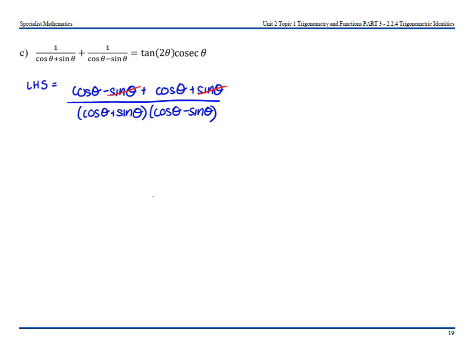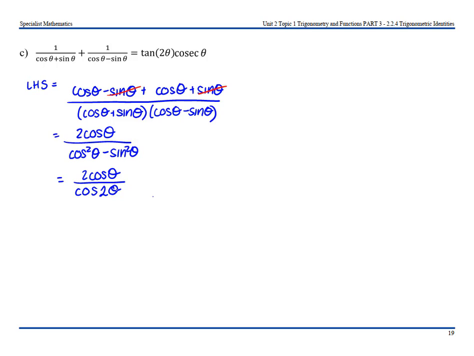Our sine thetas are going to cancel. So we've got 2 cos theta, expanding our brackets on the bottom, cos squared theta minus sine squared theta. So now we've got some identities happening. 2 cos theta, and the bottom is cos 2 theta.